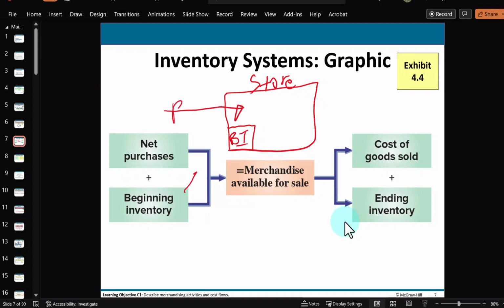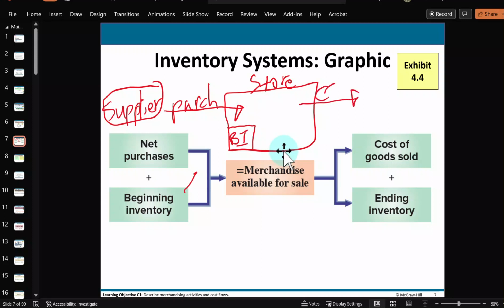We call that purchases. It's coming from our suppliers, maybe from a wholesaler, maybe from the manufacturer. And we're restocking ourselves because hopefully coming out of our store is stuff we're selling, called cost of goods sold. Again, this is going to our customers.